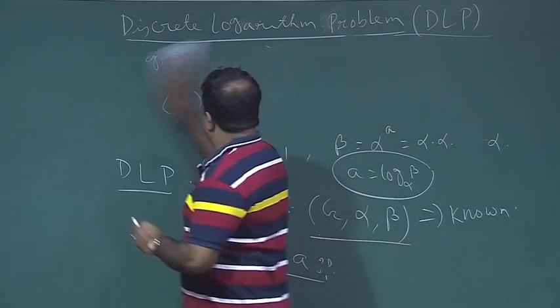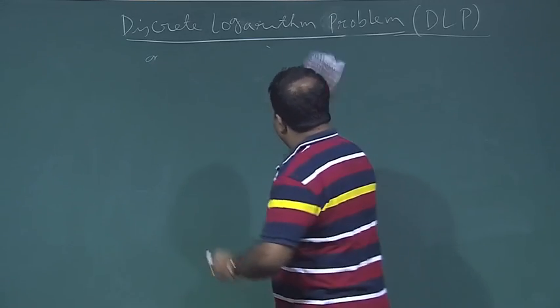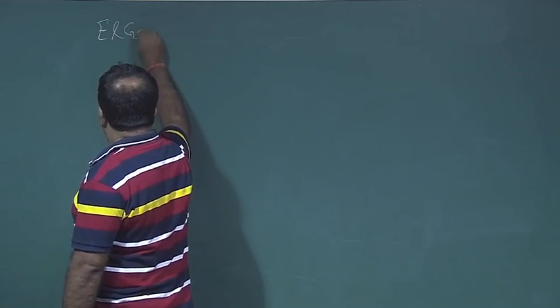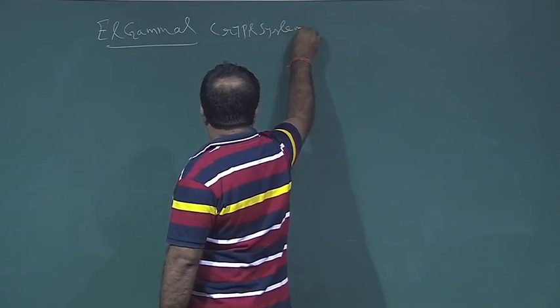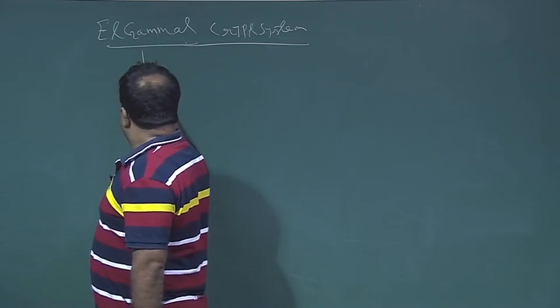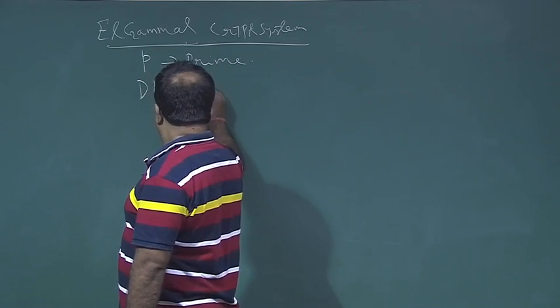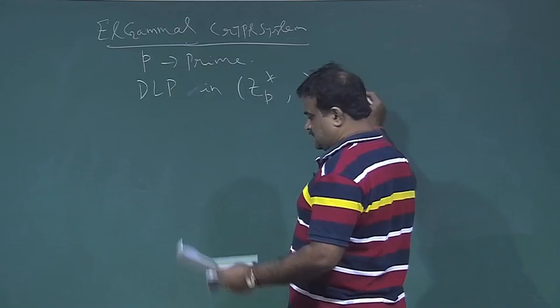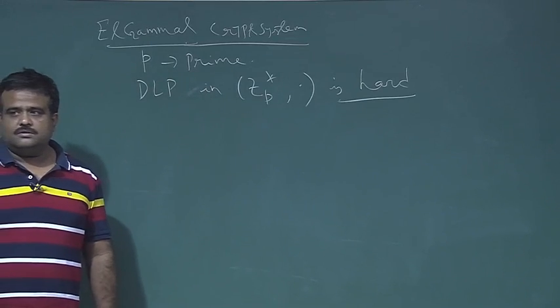So, for the Elgamal crypto system, what do we have? G is basically Z p. In the Elgamal crypto system, we choose p to be a prime such that the discrete log problem in Z p star is hard, meaning intractable, computationally hard.